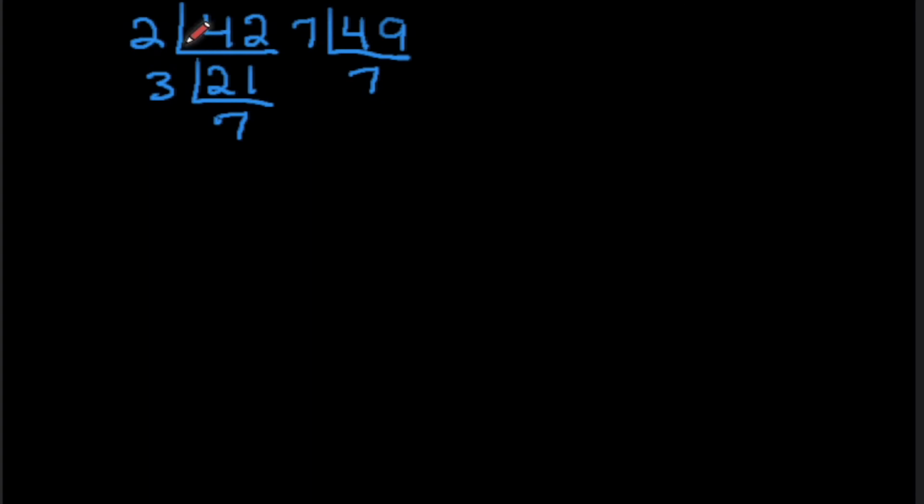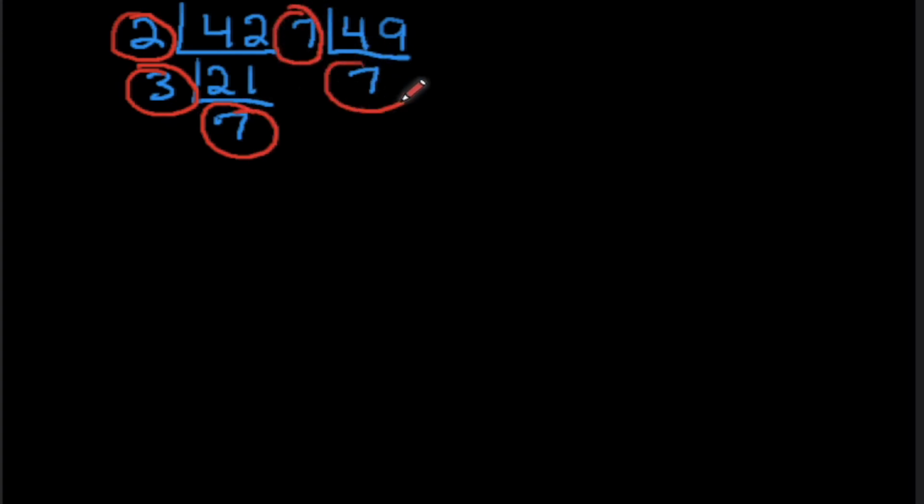Okay, so I want you to take a look here. Let's see, I just want to circle these. Okay, so we have these prime numbers. So we have 2 times 3 times 7 that we're multiplying together. And then we have 7 squared over here. All right, and so if you could take a look here, we have 7 to the first power and 7 squared. So obviously we're going to take 7 squared with us.